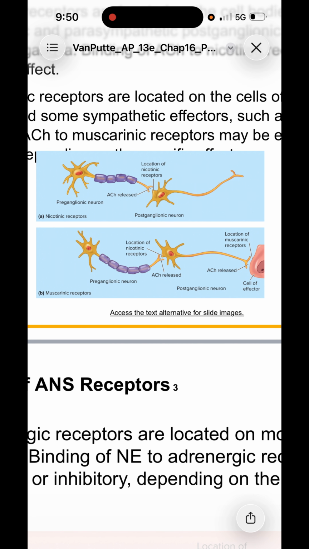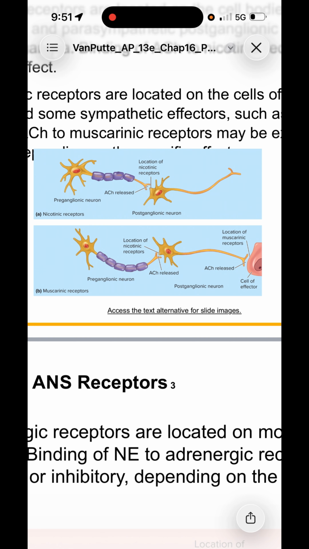A. Nicotinic receptors, preganglionic neuron, ACH released. Location of nicotinic receptors, postganglionic neuron.